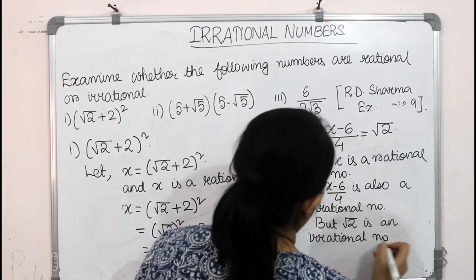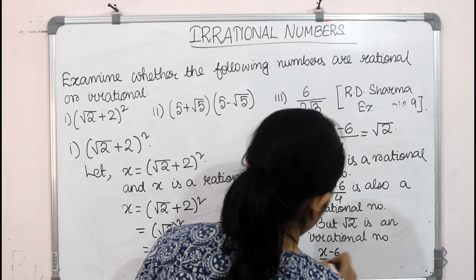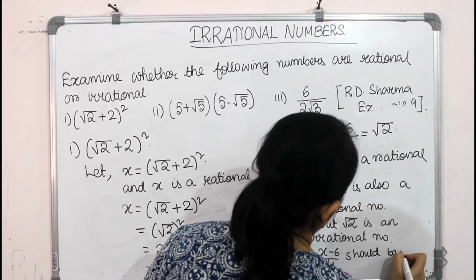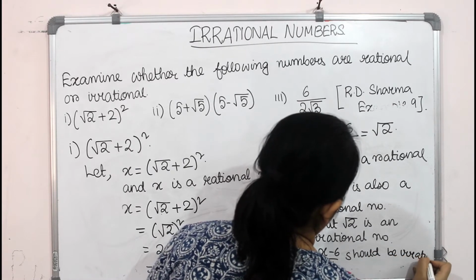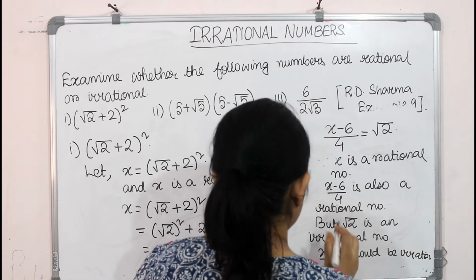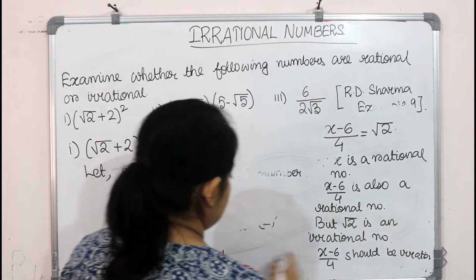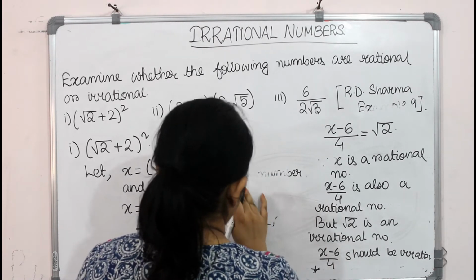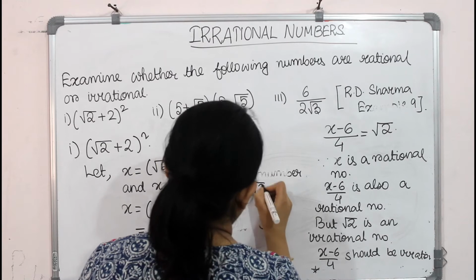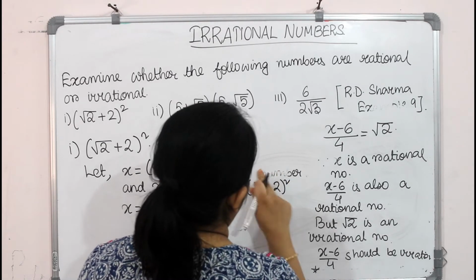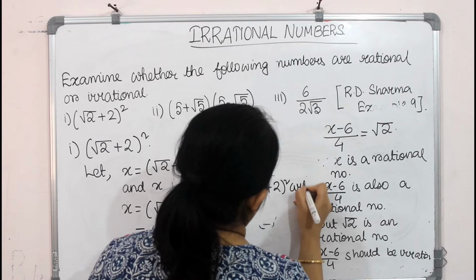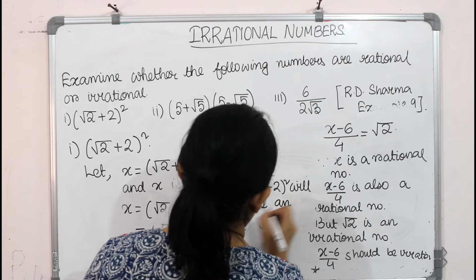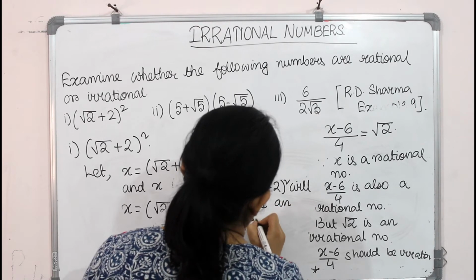Okay, so (x minus 6) by 4 should be irrational, and here I will write that x equal to (root 2 + 2) whole square will also be an irrational number.